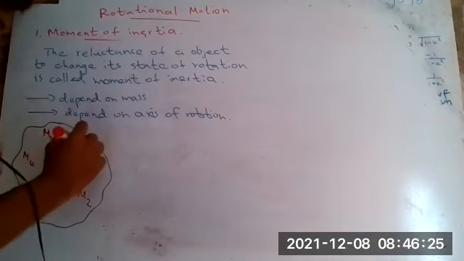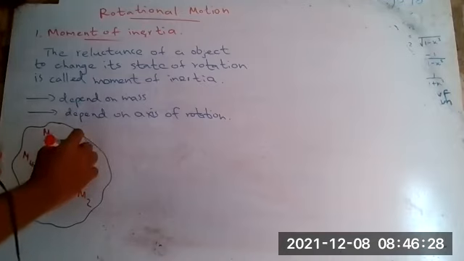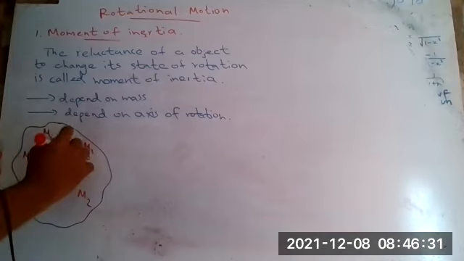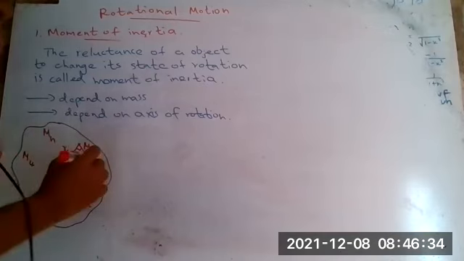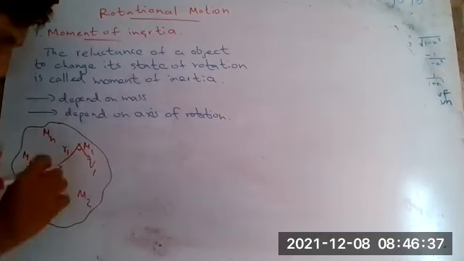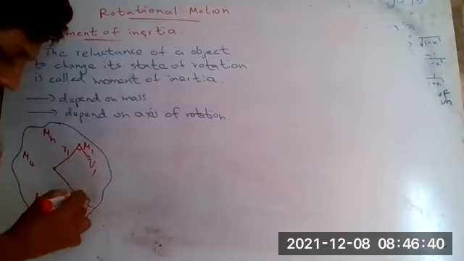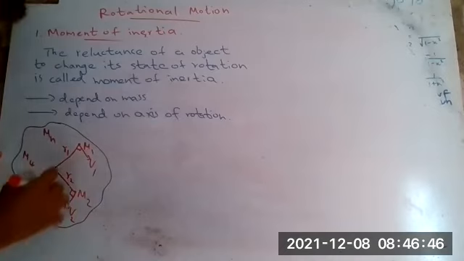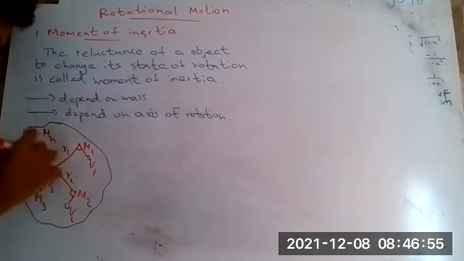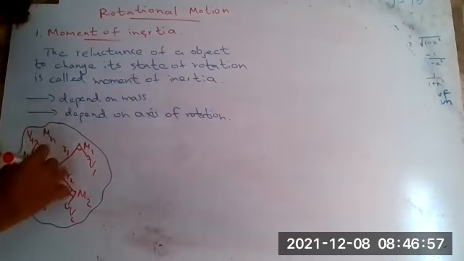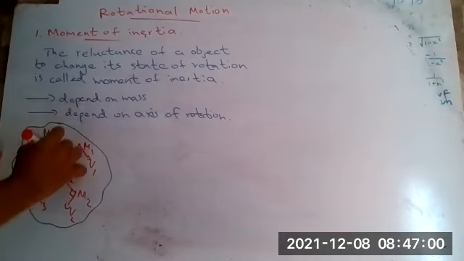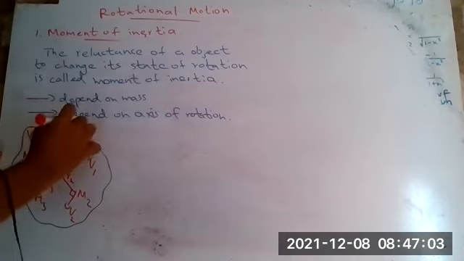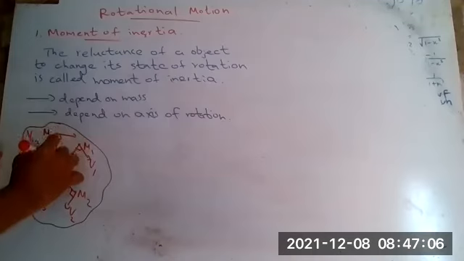Let's say the perpendicular distance to M1 is R1, and it is going with velocity V1. The perpendicular distance to M2 is R2, going with velocity V2. Same for the others: V3 R3, V4 R4. Finally, there are n number of mass particles, then Rn Vn.